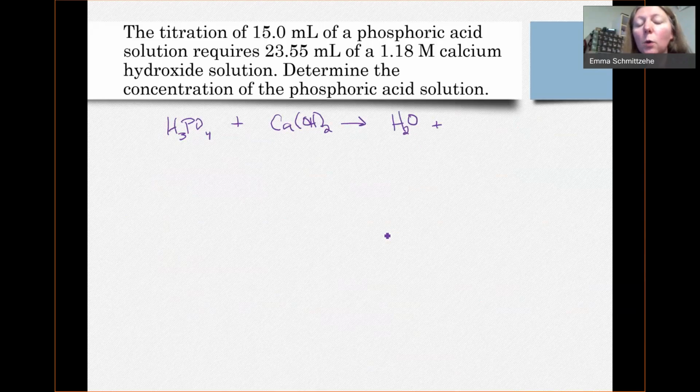And the salt that's formed is a combination of the cation from the base and the anion from the acid. So the cation from the base is Ca2+, and the anion from the acid is PO4 3-.